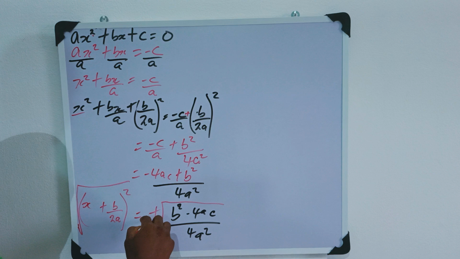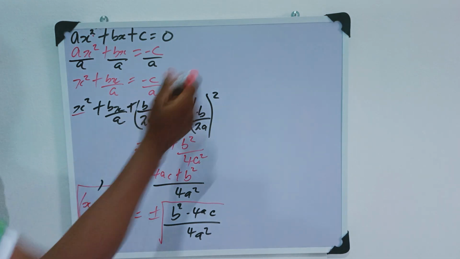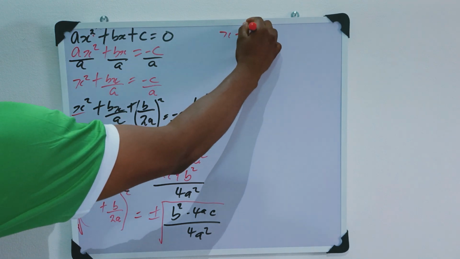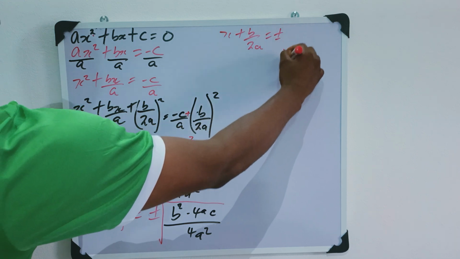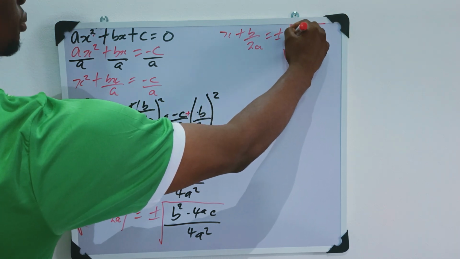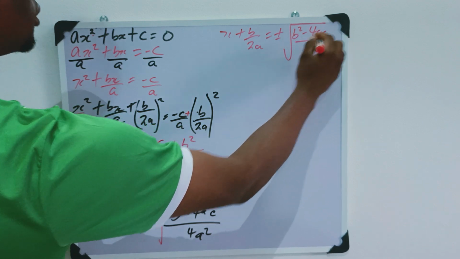You introduce plus and minus when applying your square root. So this square root will take away this square, leaving us with x plus b over 2a equals plus or minus square root of b squared minus 4ac over 2a.